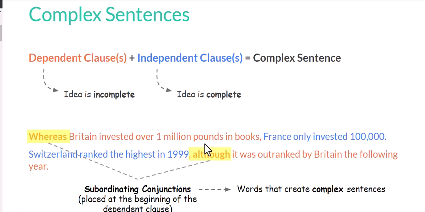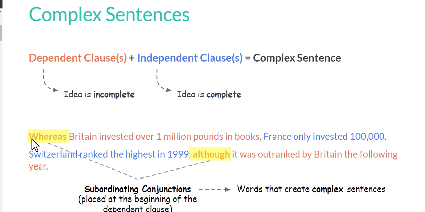But the first part, "Britain invested over £1 million in books," has this conjunction, so it's an incomplete idea and can't stand by itself.